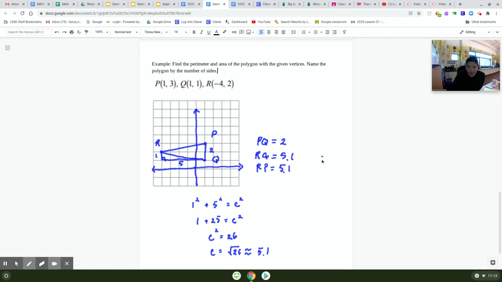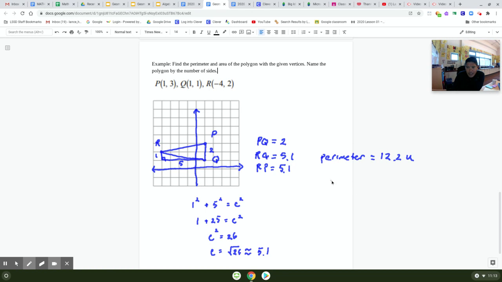So then to find the perimeter of triangle PQR, 2 plus 5.1 plus 5.1. So that's going to be, to the nearest tenth, since I rounded sides RQ and RP to the nearest tenth as well, about 12.2. Similar to the last example, no units were given, so it'd just be 12.2 units.